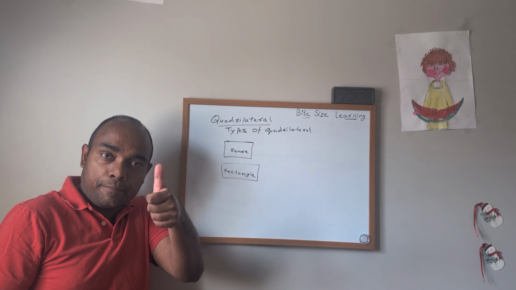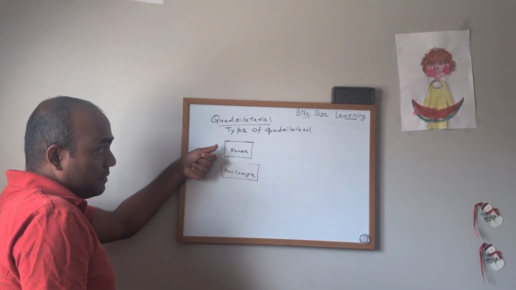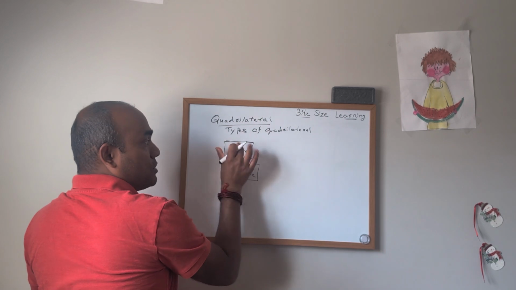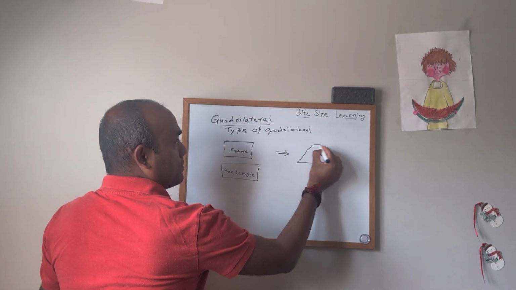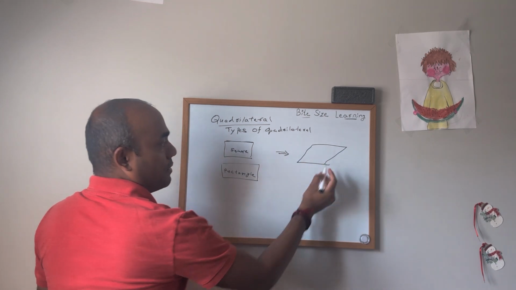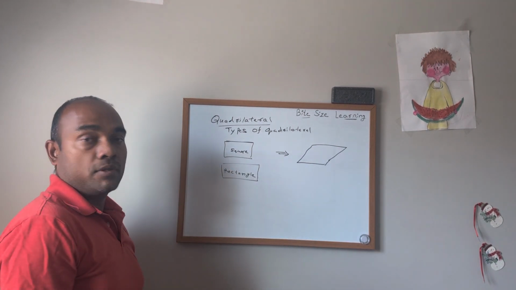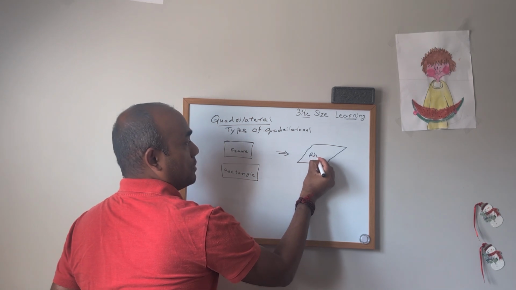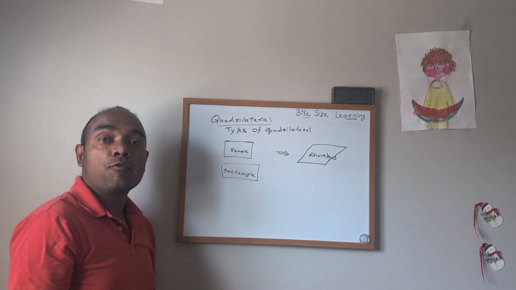Now if you use your thumb and press a square on the side, this square will look like this. This is called a rhombus. This is also a type of quadrilateral.